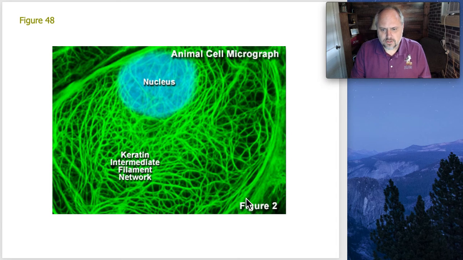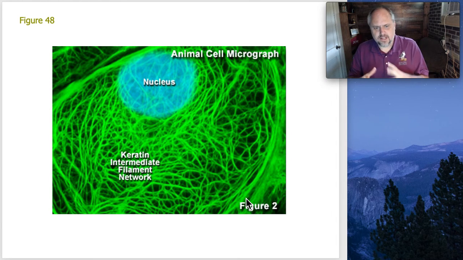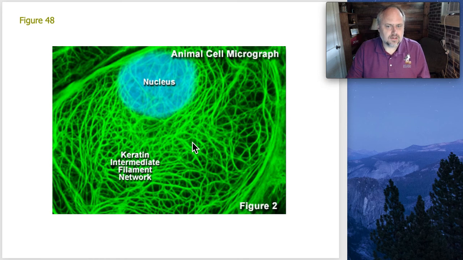Things like fingernails and hair would use the keratin in a different way. These would be cells that are using keratin as the intermediate fiber, and really there to prevent us from being pulled apart. Okay, so next time we'll talk about the microtubules, the microfilaments, and finish off the cytoskeleton material.